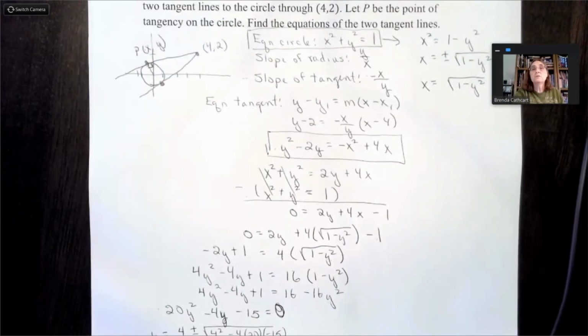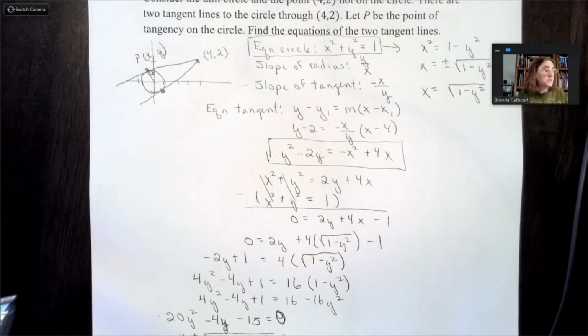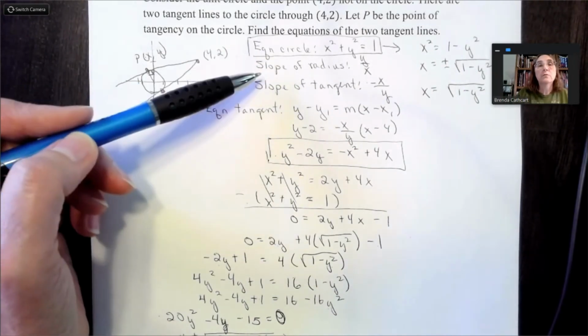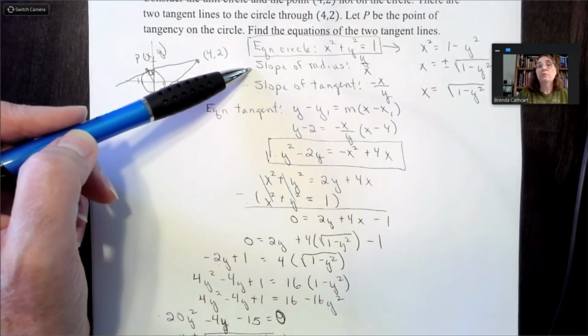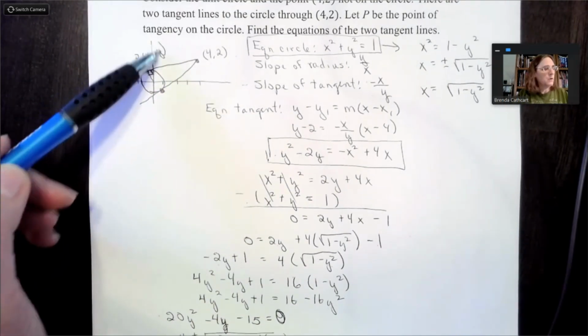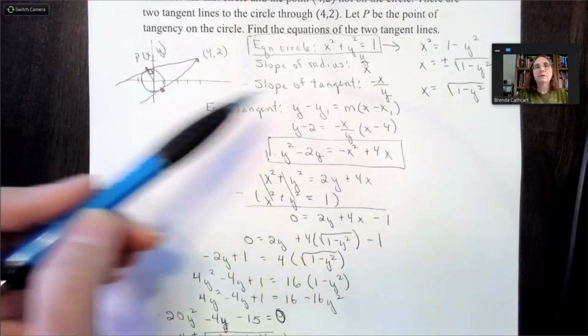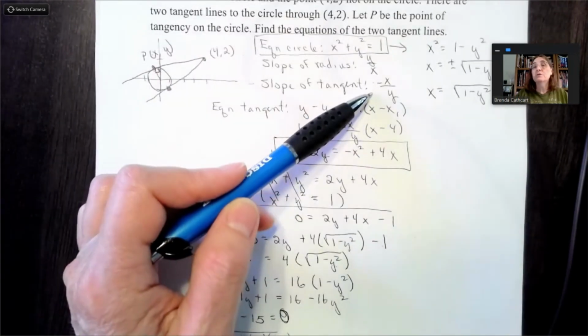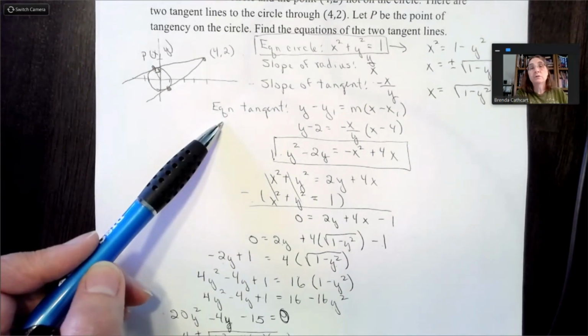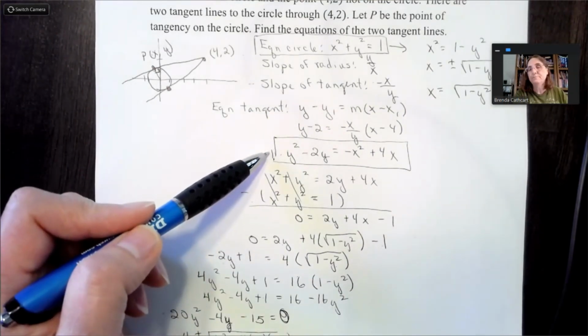Let's review those steps. We had to find the equation of the circle first. We identified the slope of the radius as being y over x, y minus 0 over x minus 0. The slope of the tangent line was the opposite reciprocal, so that allowed us to write the equation of our tangent line.